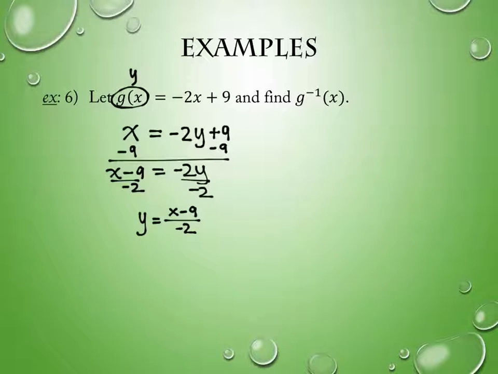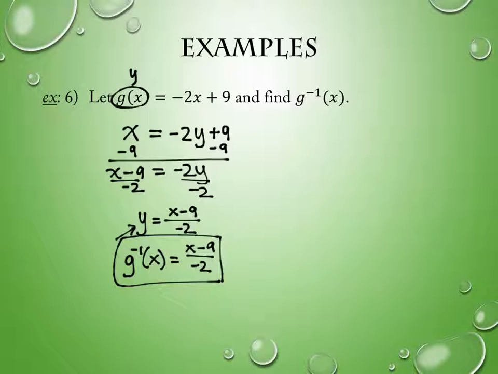And what's the last thing I have to do? Yeah, rewrite it in the inverse notation. So instead of y, it will say our function's name, which was g inverse. It's not a very exciting step at the end. It's just mirroring the notation from the beginning. However the notation started, I use the inverse notation at the end.